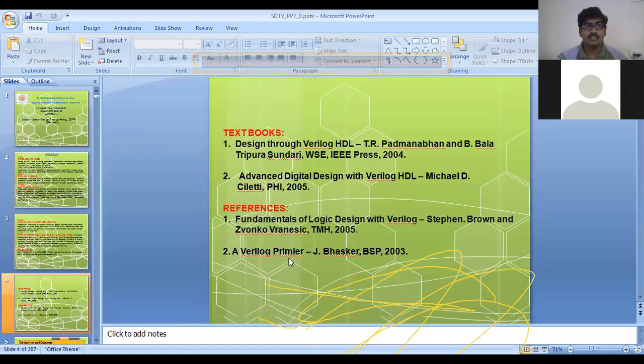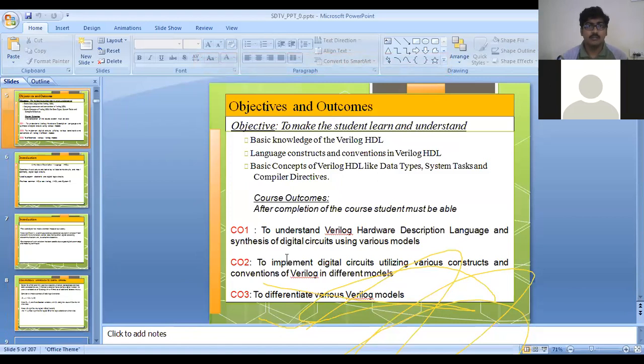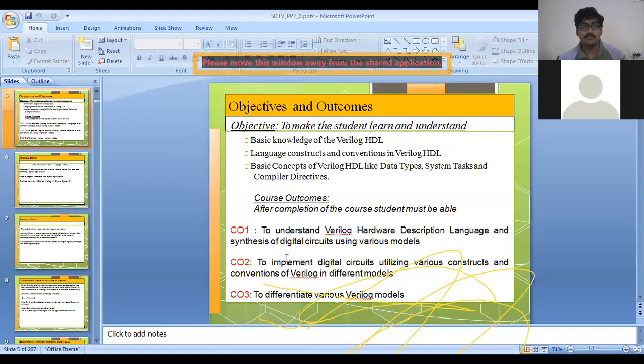Now we'll see the main objectives. Before going to the discussion of the subject, we first have to see the objectives of this course, and we also have some outcomes after learning. Outcomes means after successful completion of the subject, what the student might have learned.